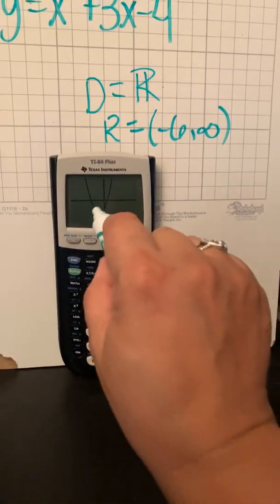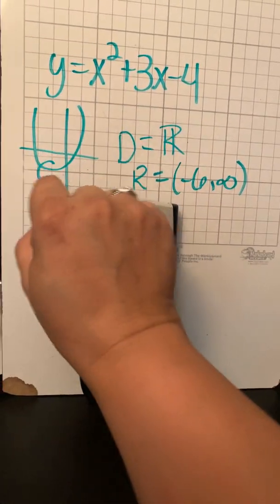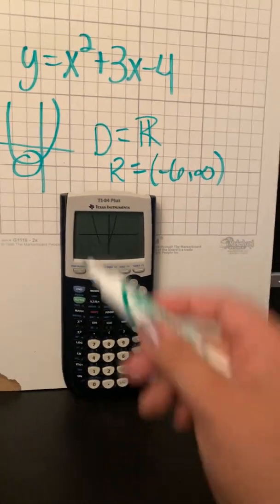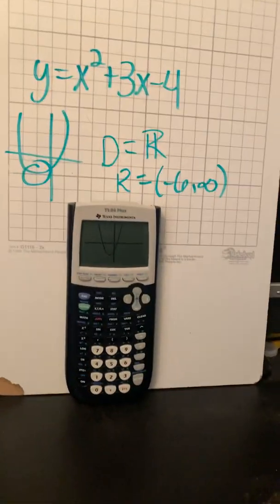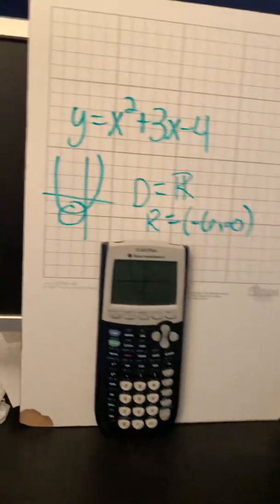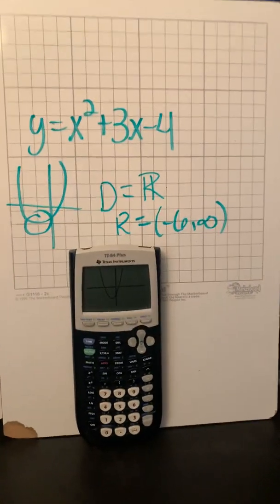This point on the parabola is your vertex. That's also your maximum or minimum point. So that is going to be your lowest point for this graph, which is also the lowest point that your range would start at. So there's a recap on what we did today.